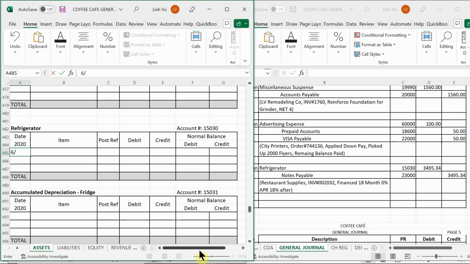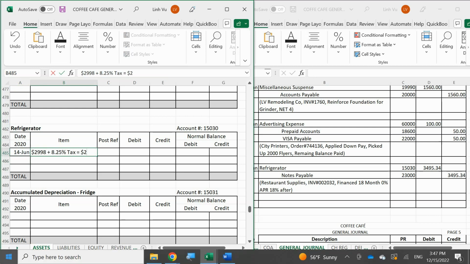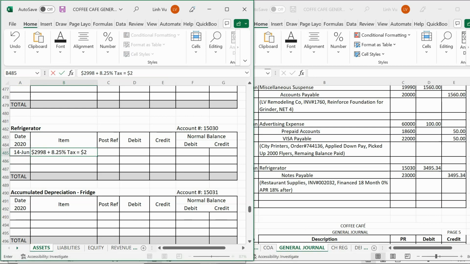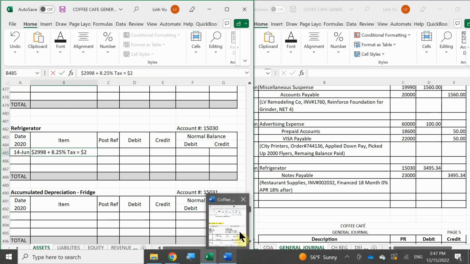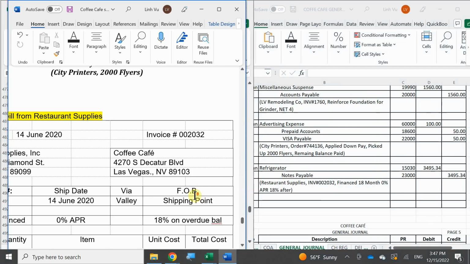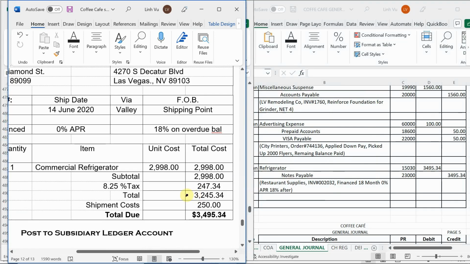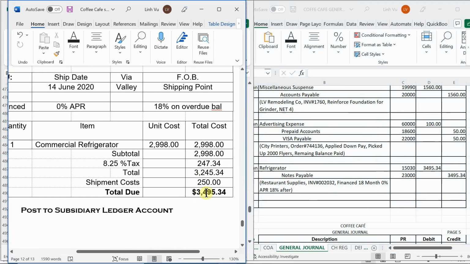Today is the 14th, right? We purchased the refrigerator for $2,998, okay, plus 8.25% tax, which was $247.34, and then the shipping's 250.